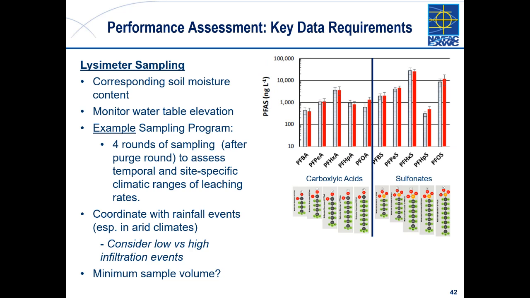That can be useful for some of the recharge methods that Chuck talked about, but it's also a good way to make sure that our lysimeters are still actually above the water table. An example sampling program might be to do 4 rounds of sampling after an initial purge round, and I think it's really important to look at temporal differences and things related to precipitation events.